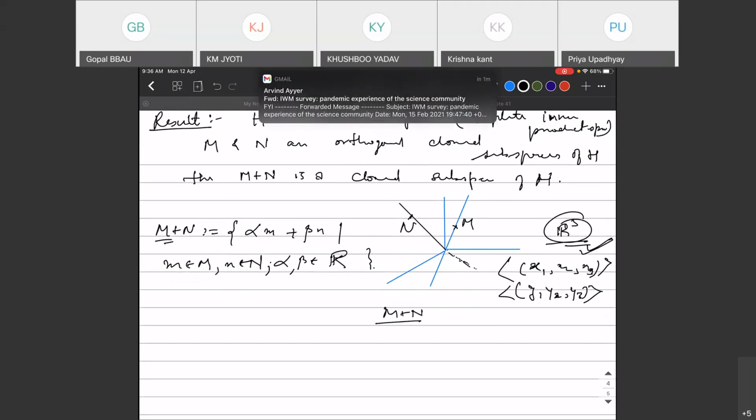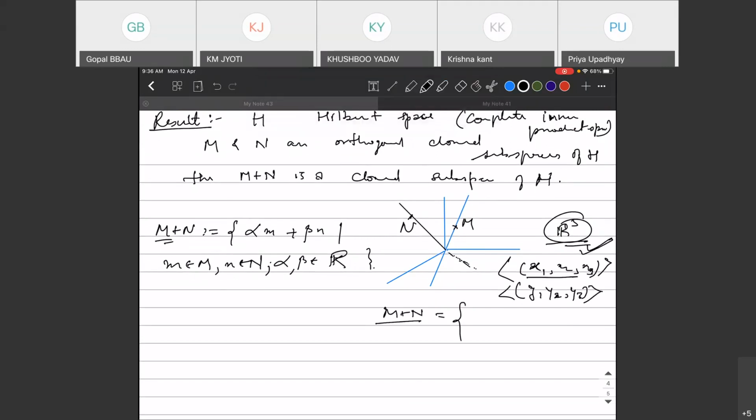You know what that is. Any element coming from this subspace spanned by x1, x2, x3 is of this form: you are multiplying that by some scalar, say a. Let me write this.